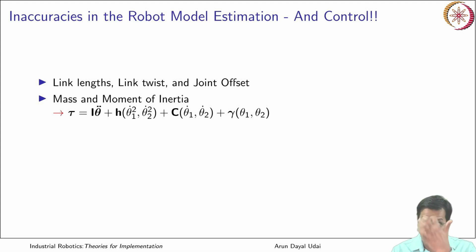And mass and moment of inertia are again parameters which are not known to a very close extent from the design. We don't know very accurate mass values for a link, and the same is true for moment of inertia, because a few components that go into the robot assembly were not planned.